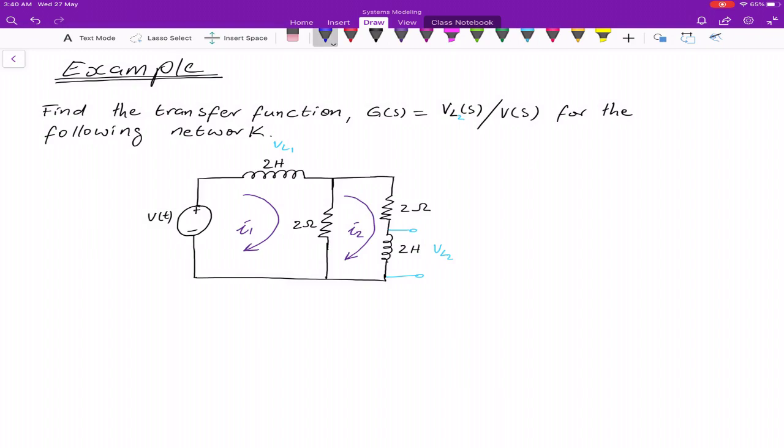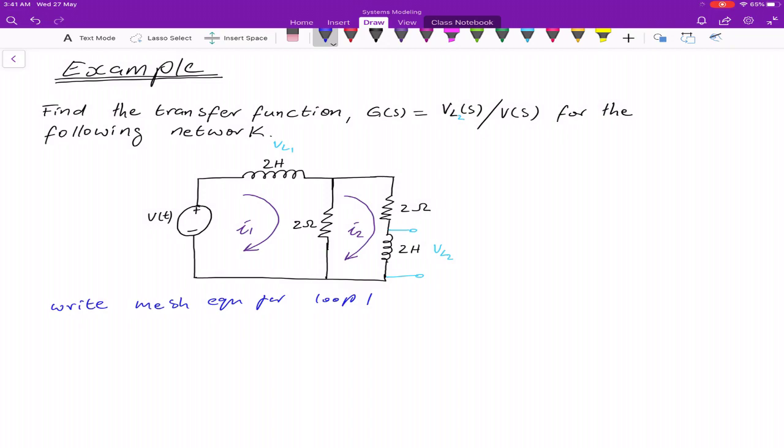So the first thing that we want to do is write our equation in terms of mesh analysis. Then we can continue from there. Let's write the mesh equation for loop 1.